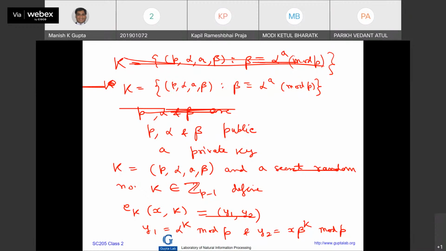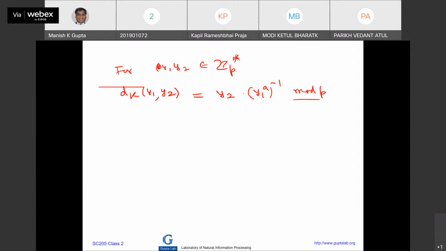And the decryption function is defined as follows. For y1 and y2 in Zp star, we define the decryption function of y1, y2 as y2 times y1 raised to the power a inverse mod p.